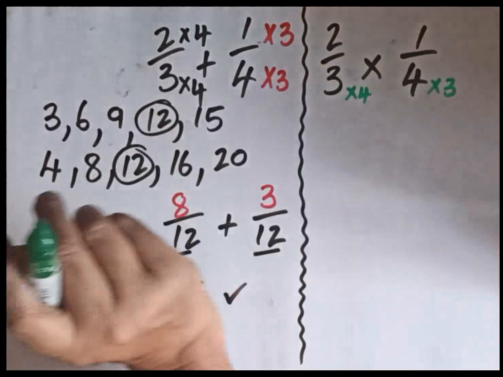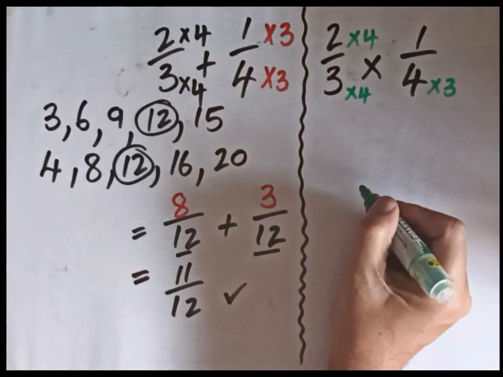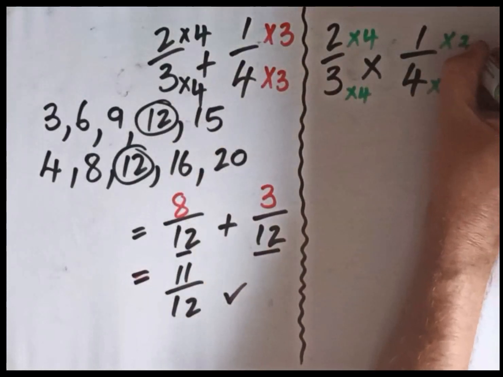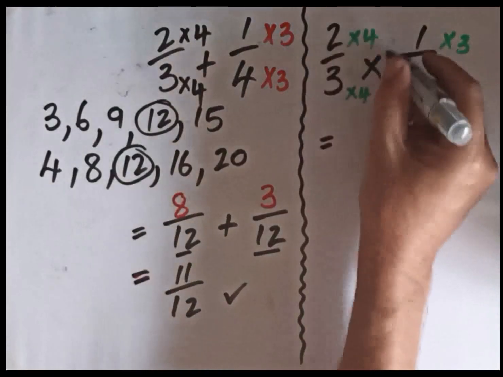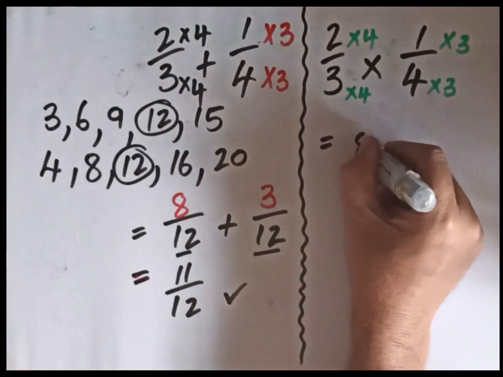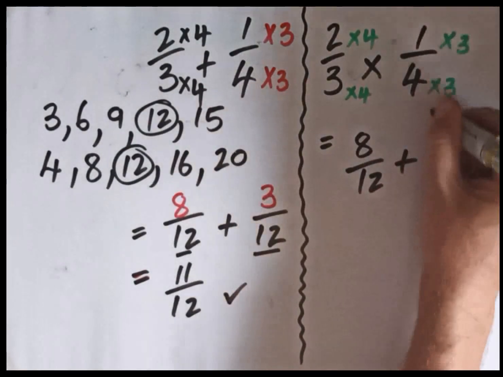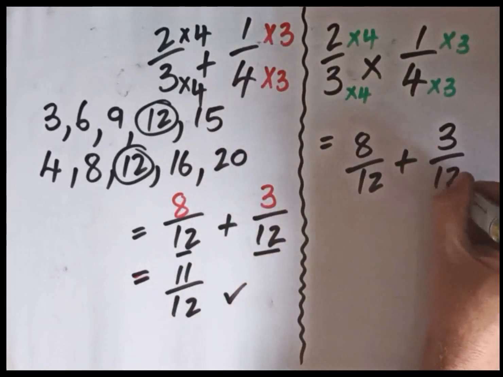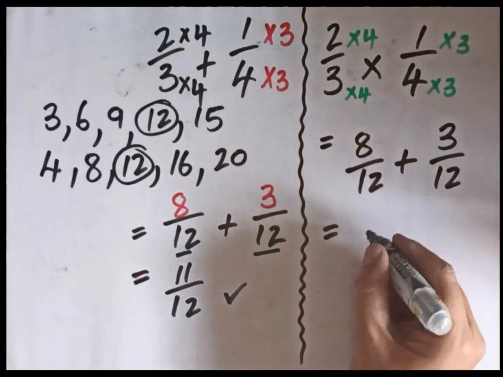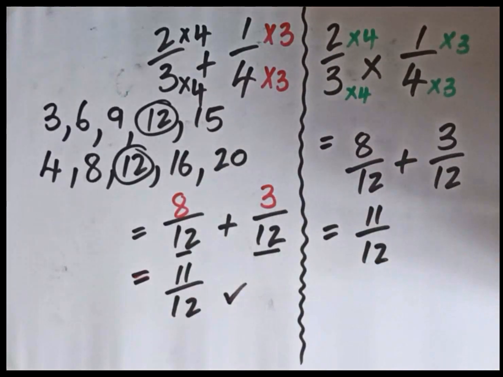Cross multiplication. So what you do at the bottom, you must always do at the top. And now you just do the calculations. 2 times 4 is 8. 4 times 3 is 12. Plus 1 times 3 is 3. 3 times 4 is 12. 8 plus 3 is 11 over 12. So there's the second method.